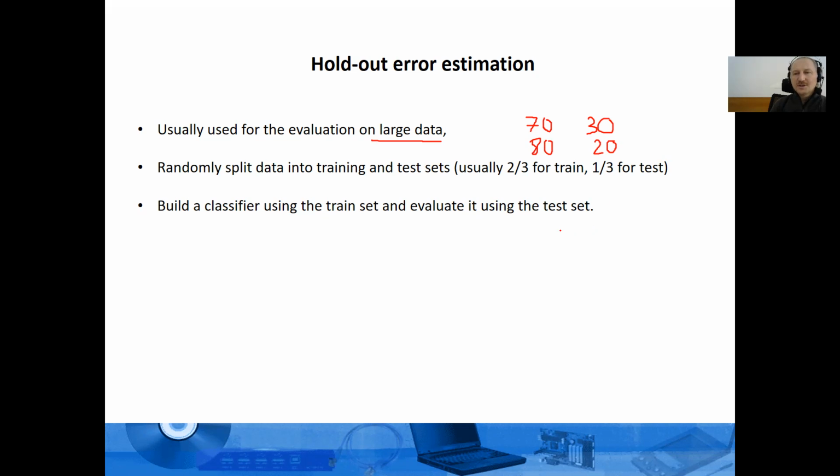If you have a quite large data set, you can use 2/3 for training, 1/3 for testing. If you have a medium sized data set, 70% for training, 30% for testing. If you have a smaller data set, you can use 80% for training, 20% for testing.